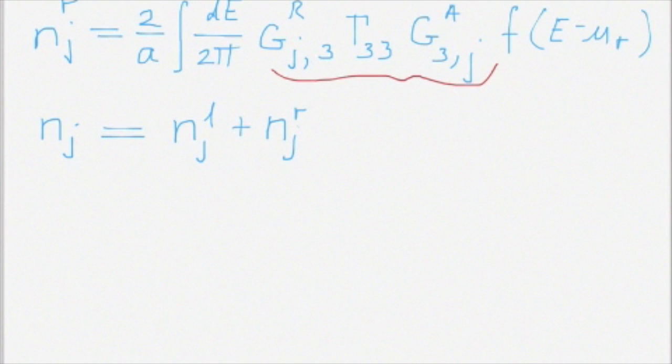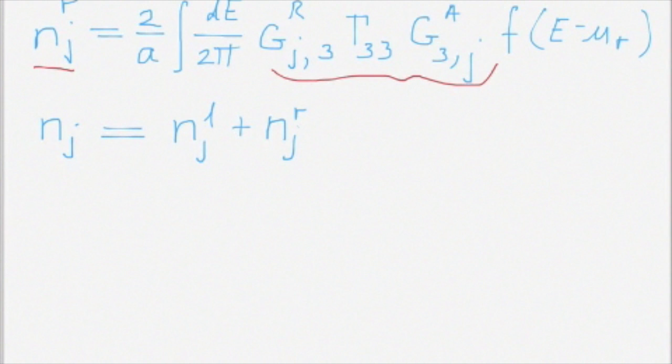Okay, so if you inject from the right-hand side, it's all the same steps. The top line is the electron density at any node j resulting from injecting from the right lead.